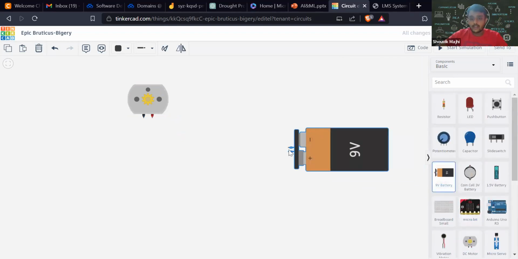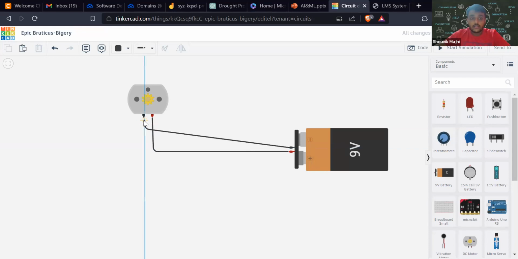Let's take a battery over here and connect the motor terminals, the positive one to the positive and the negative one to the negative. Actually, a motor doesn't have positive and negative terminals. So according to how you connect it, the direction of the motor rotation will change.